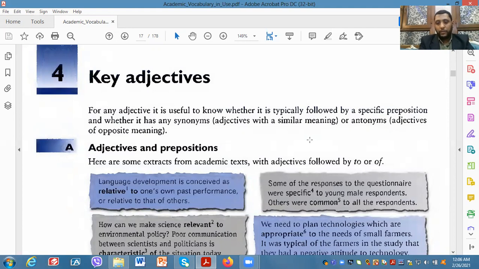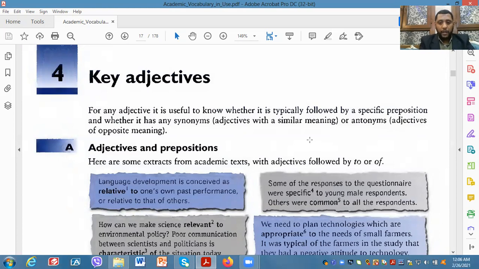It would also be a good idea to see if it has any synonyms, because adjectives usually have synonyms.